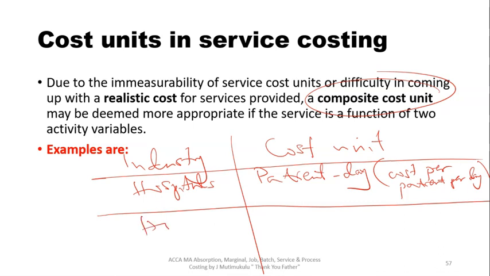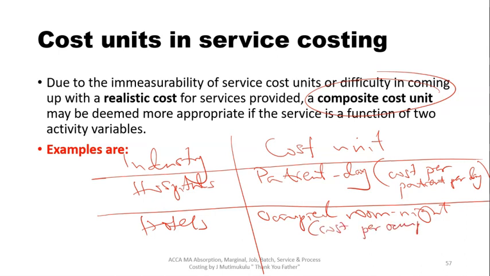Then hotels. When you talk of hotels, usually they are worried about occupants, right? So that's occupied room nights. We are talking of occupants of a room, but per night. So this means the cost per occupied hotel room per night. Okay.